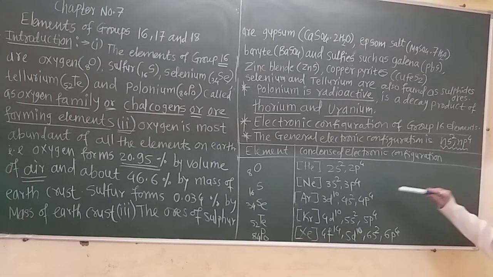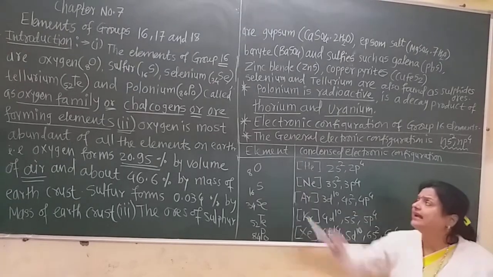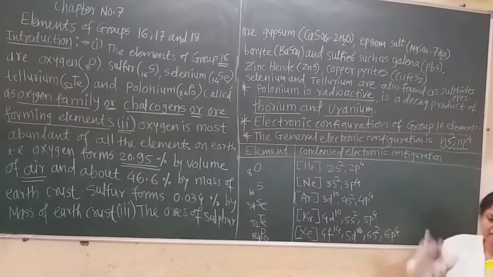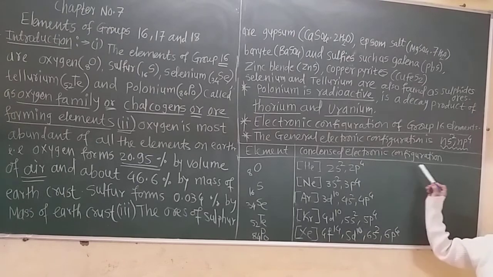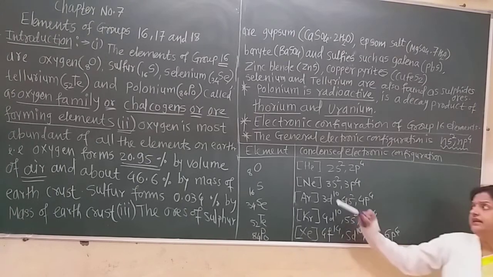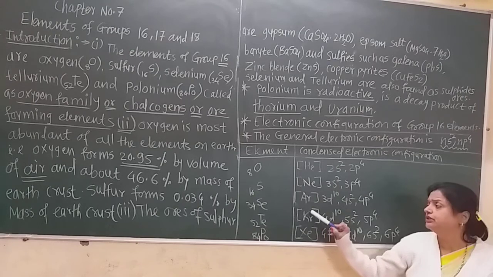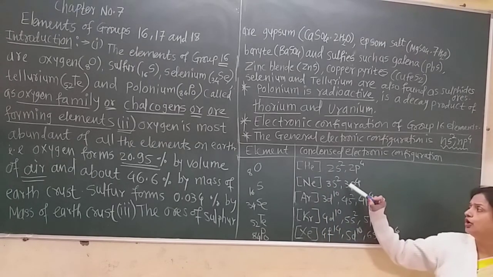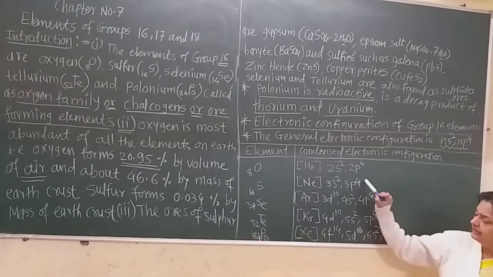Now oxygen has atomic number 8. Here I show the condensed electronic configuration. That means the inert gases are shown in square brackets, and after that the general electronic configuration follows, showing how it changes.